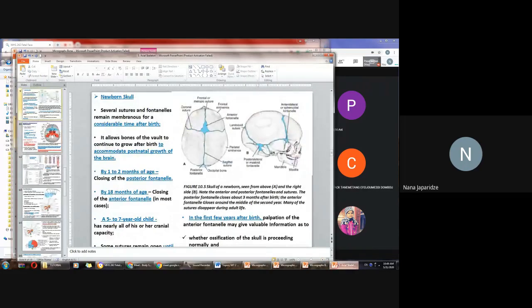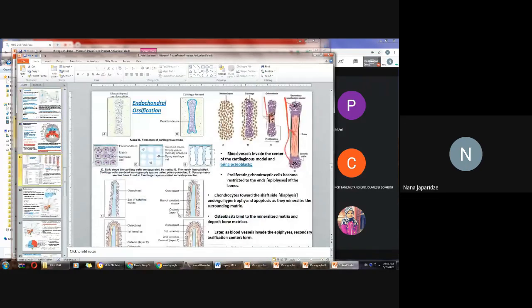Look, this is the model of cartilage, the model of bone, the future bone. Initially, mesenchyme is condensed here, differentiates, and gives rise to the cartilage model. Then this cartilage contains the cartilage extracellular matrix with the chondrocytes. Look, chondrocytes, cartilage cells.